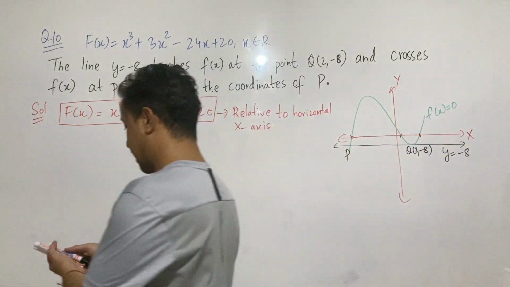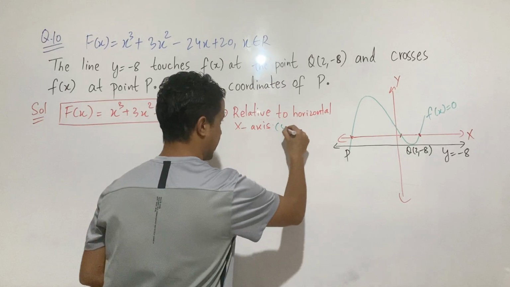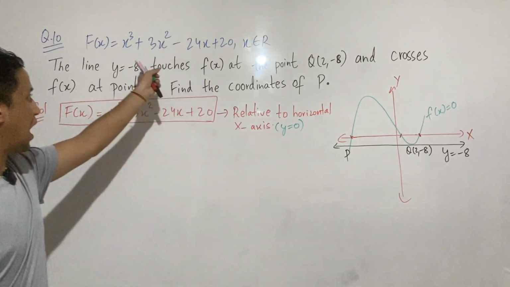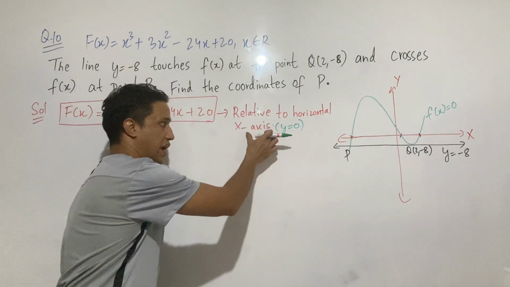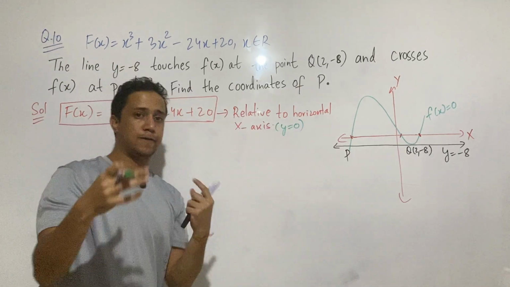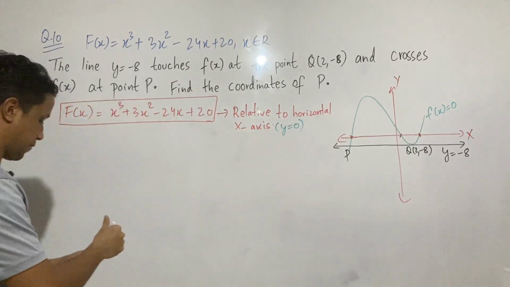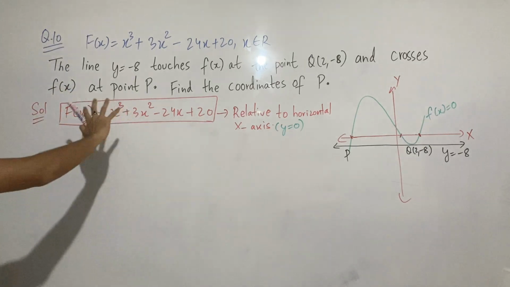Or I can also say that the horizontal x-axis means y equals 0. Why am I doing it? Because I'm given another line y equals -8. So I'm just writing y equals 0 so that it's easy to relate when we go to y equals -8.